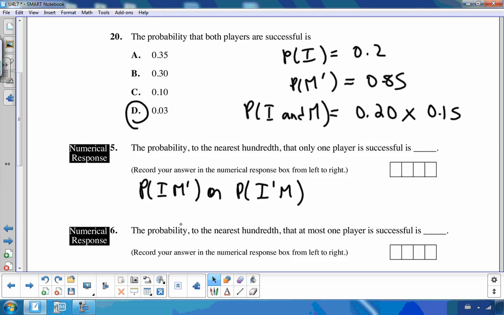Because they're independent, I can multiply them again. 0.2 times 0.85. Or means add, and then Isabella not making it is 0.8, which is 1 minus 0.2, times Michaela making it, 0.15. I can put all of that into my calculator exactly like that, and I would get 0.29.